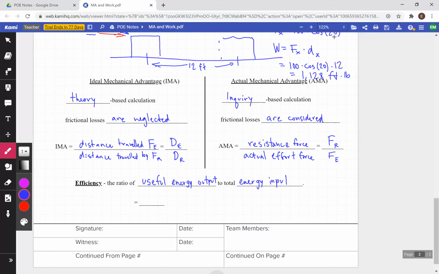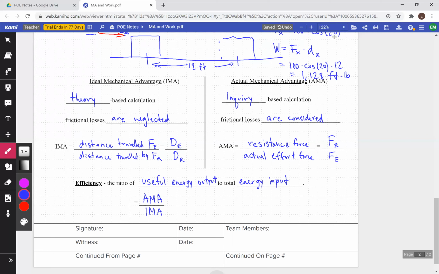So we're basically just comparing what comes out to what went in. And the easiest way to do that in this class is just to look at the ideal mechanical advantage and the actual mechanical advantage. So the useful energy output, that's more in line with the actual mechanical advantage. And the energy input would be the ideal mechanical advantage.